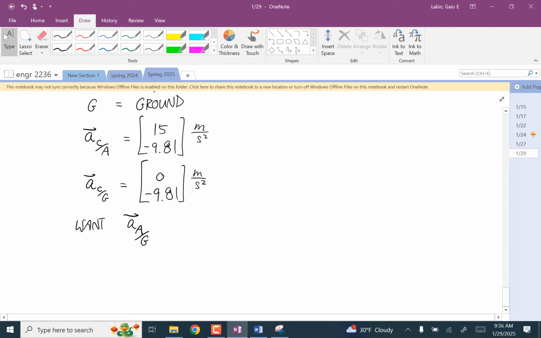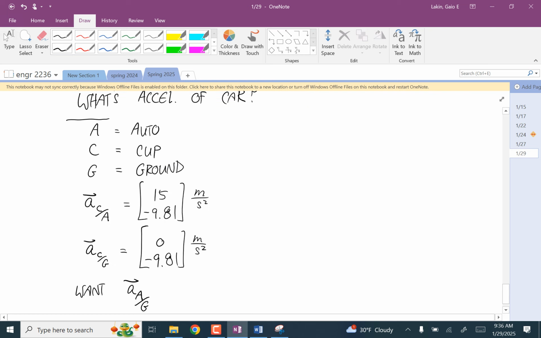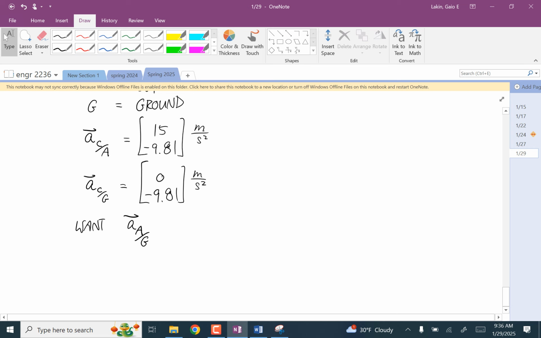So last time I did it by just putting them in whatever order I wanted and then finding negatives. This is the way I tend to do it. I'm just going to put these three in an order that works, and then I'll rearrange it to solve for what I want. So this is kind of the other way to think about it.